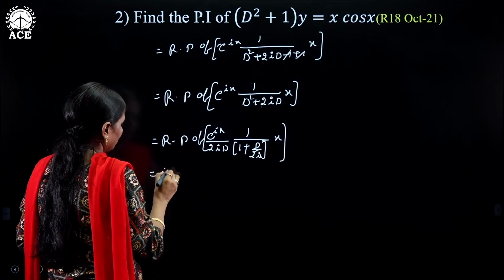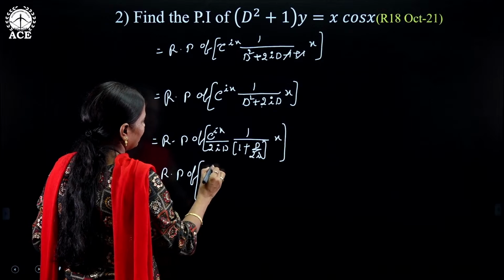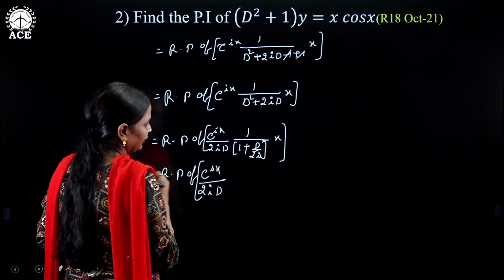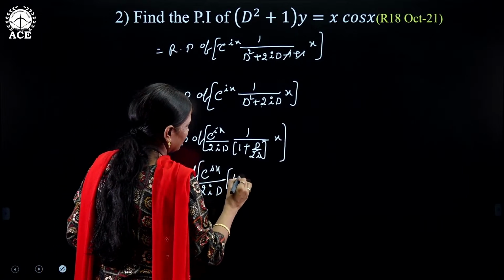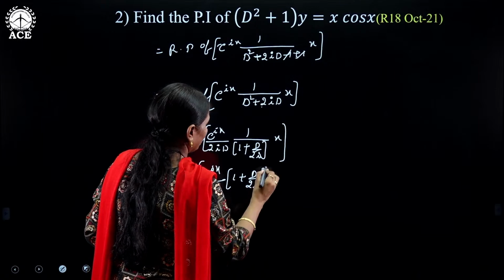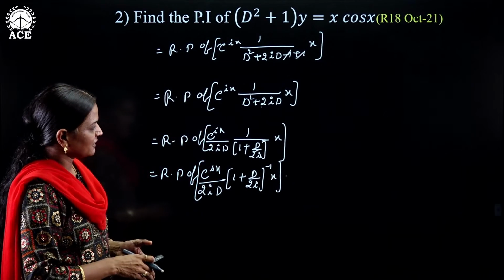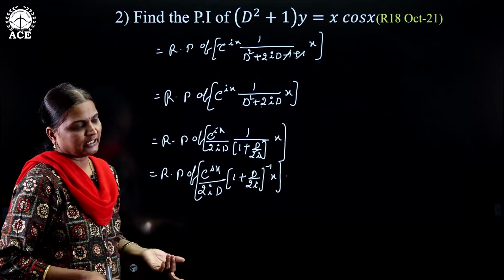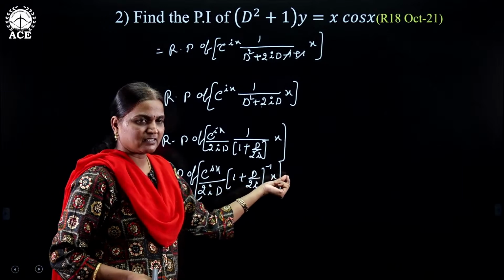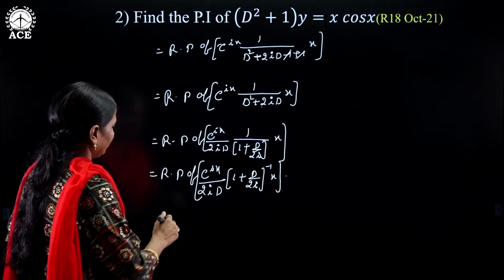Again, it is the real part of e to the power ix by 2iD into 1 plus D by 2i whole inverse into x. Expand in ascending powers of D up to the term containing D only, because the higher derivatives, D squared of x and D cubed of x, are 0. So no need to take the higher derivatives.